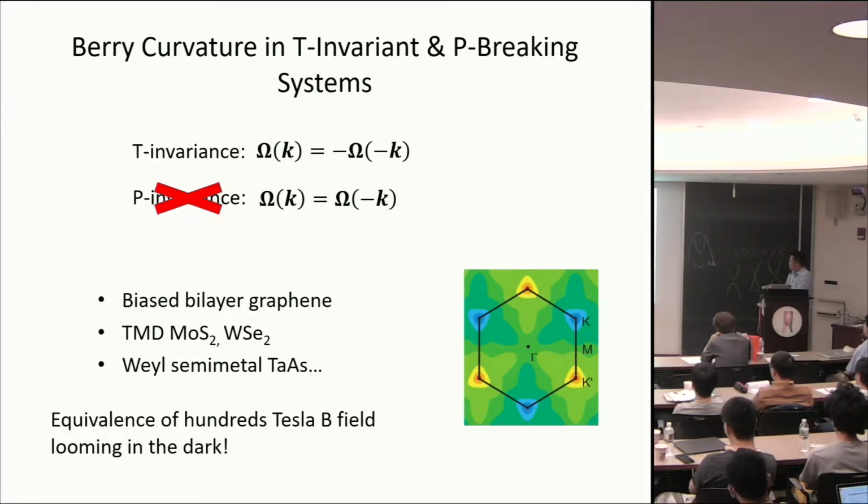So the Berry curvature is concentrated, for example, near the corner of the Brillouin zone in bilayer graphene and in transition metal dichalcogenides. The Berry curvature is very large in the vicinity of the K point, and it's equivalent to hundreds of Tesla magnetic field, right? But as Feng said this morning, overall, because the K and minus K states are equally occupied, the effect of such large Berry curvature is not revealed.